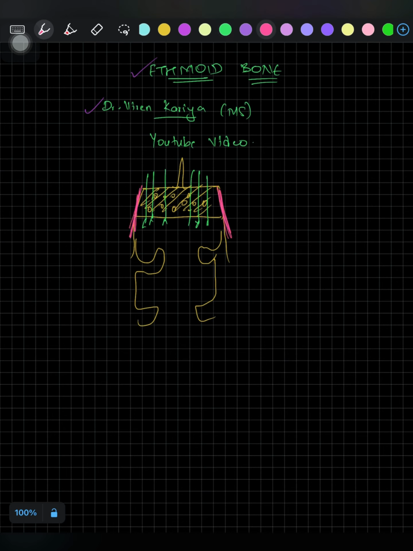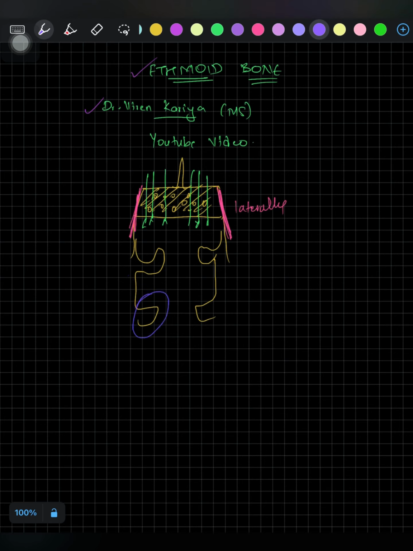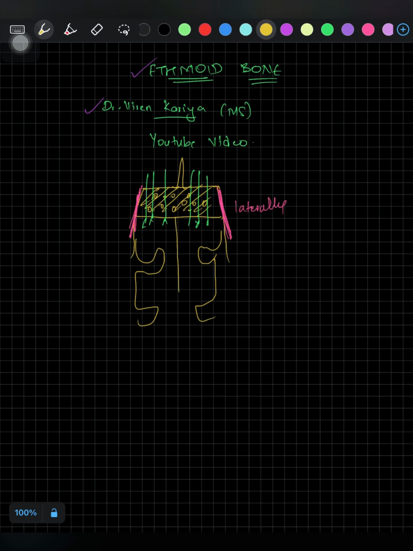On either side you have a very thin lamina papyracea. It is present laterally on the ethmoid bone, but that makes the medial surface of your orbit. Now the upper bump is your superior nasal concha and the lower one is the middle nasal concha. Inferior nasal concha is a separate bone, and in the nasal cavity the perpendicular plate projects and divides it into two halves.